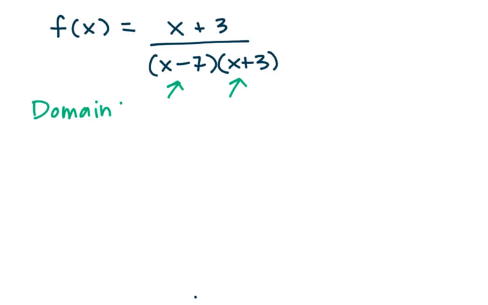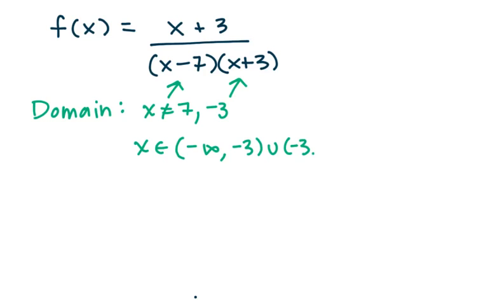So for my domain here, I know that x cannot equal +7 or -3. So if I were to write my domain in interval notation, I would say -∞ to -3, union -3 to 7, union 7 to +∞.